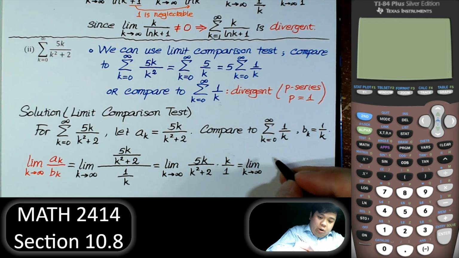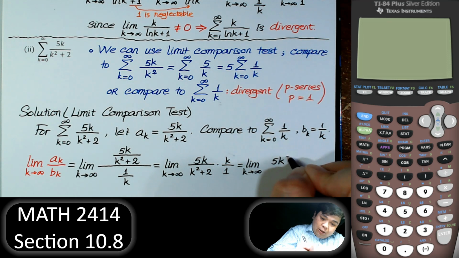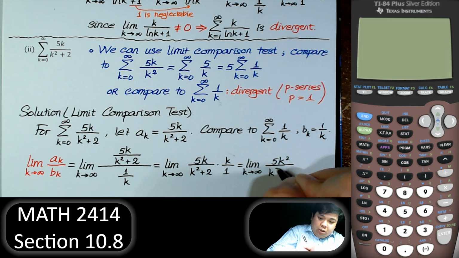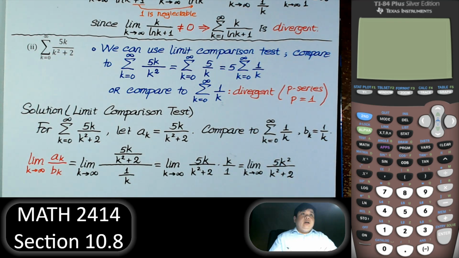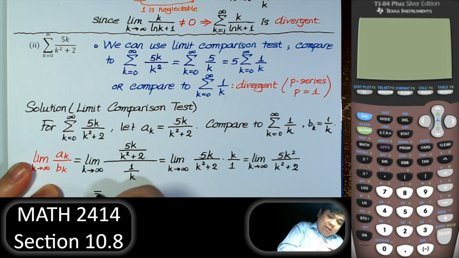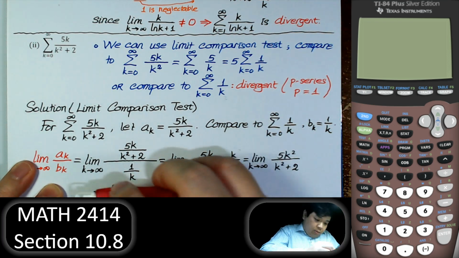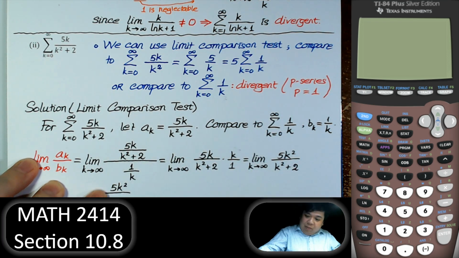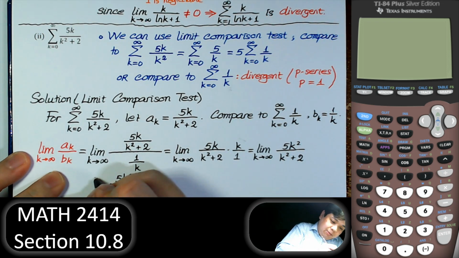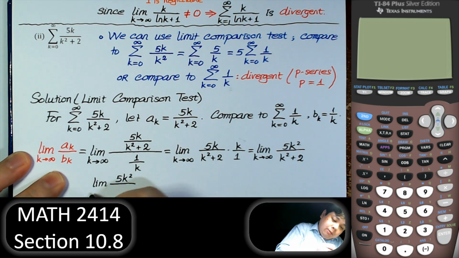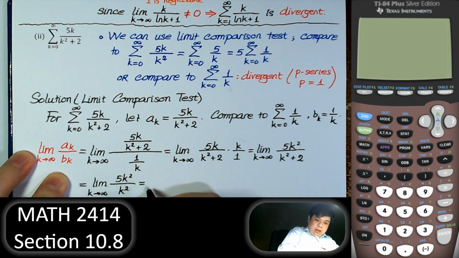So we have 5k squared over k squared plus 2. Highest term on the top, highest term at the bottom. Oh, I still forgot the limit. Equal to 5.